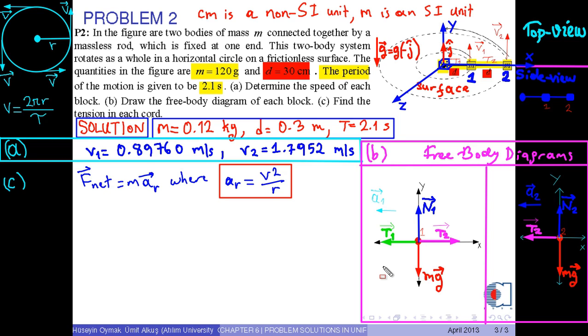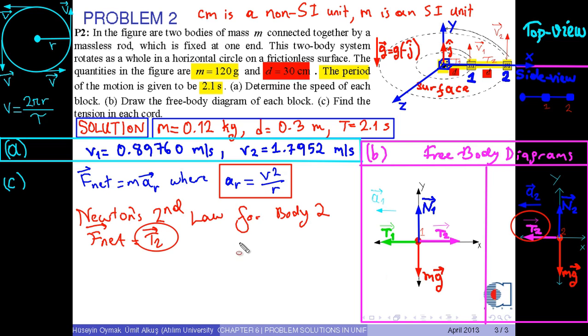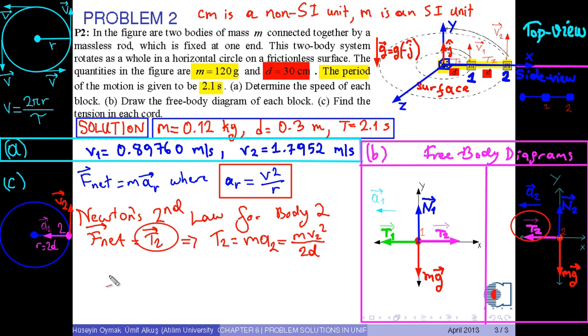The net force on body 2 is only T2. Therefore, by Newton's second law, we write T2 equals m times a2, where a2 is the radial acceleration of the motion of body 2. Then we have m times v2 squared over 2d.